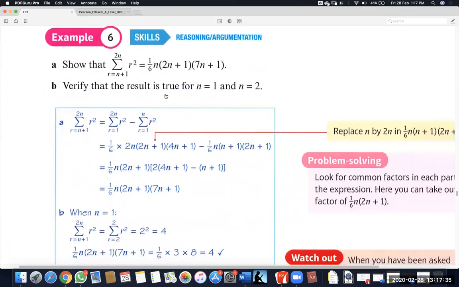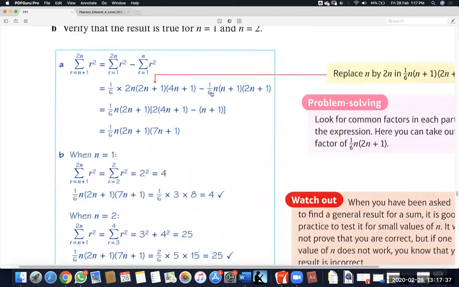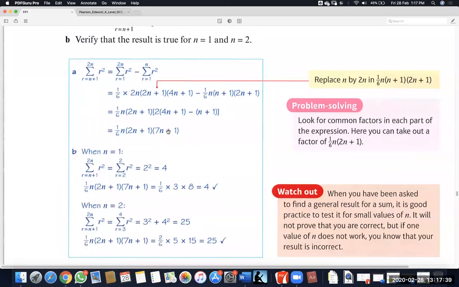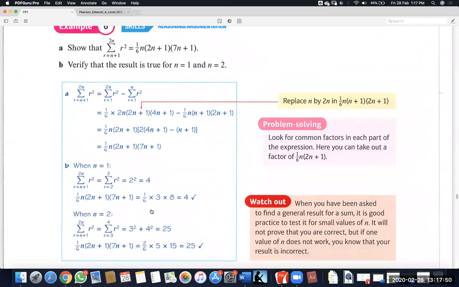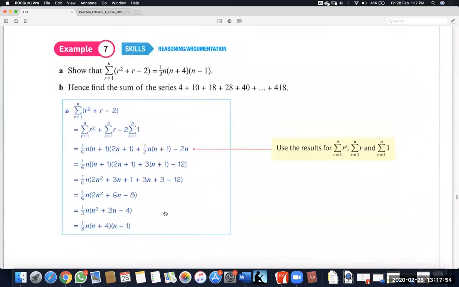Verify it is true for n equal 1. When you substitute n equal 1 and the summation is from 2 to 2, that means you just add up 1 time. Something similar, so let's skip.